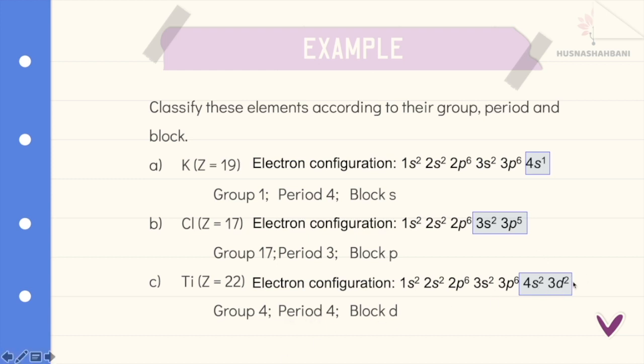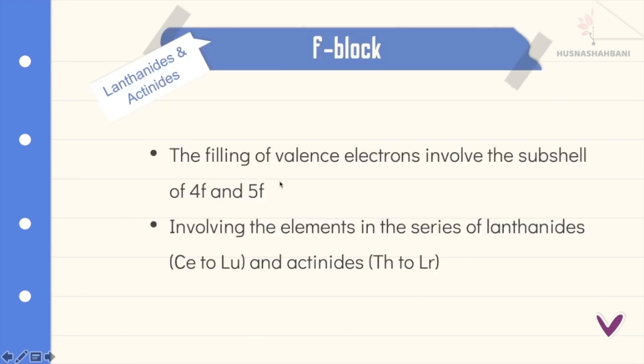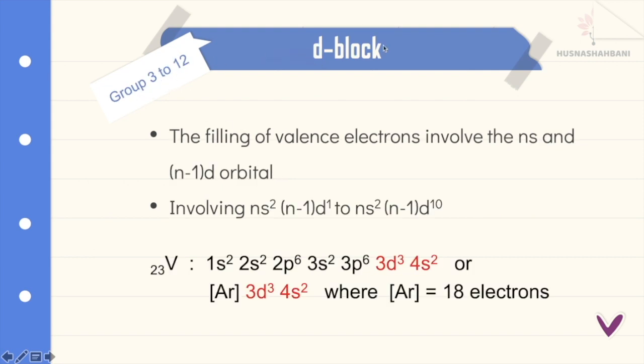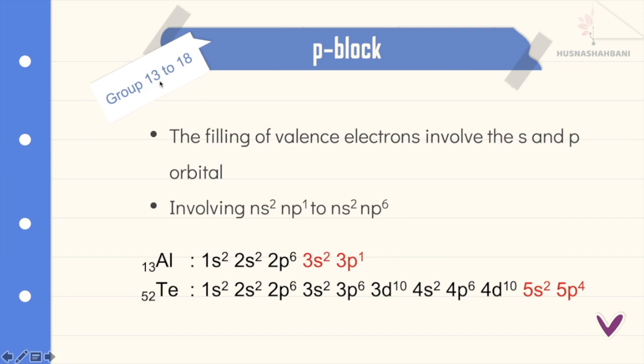Group 4: 2 plus 2, group 4, not 14. 14 is p block, involving s orbital and p orbital. But now we have s orbital and d orbital, so that's why group 4. You refer to this here: d block, group 3 to 12. p block, group 13 to 18. Refer to that.